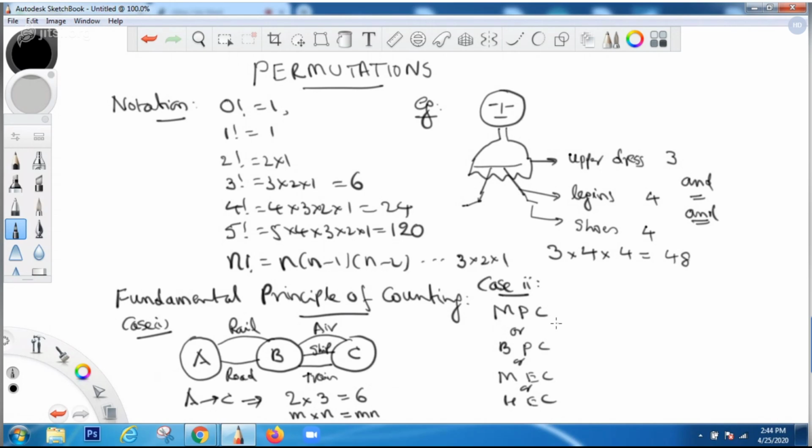Is it necessary that a student has to get through the certificate of intermediate with MPC and BPC? Need not. Any one of them, either MPC or BPC or MEC or HEC. So when "or" is there, this indicates plus. MPC one way, BPC one way, MEC one way, HEC one way, put together the total is 4 ways.